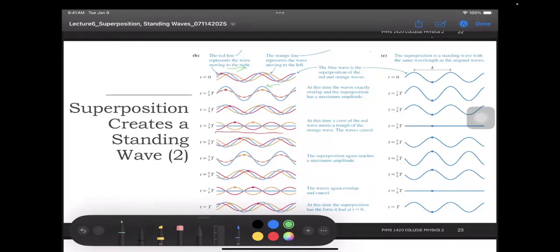At this point it should be the red one plus the orange one, which is the yellow one, and the blue one and the red one are equal at the same point, which means the yellow one here is 0. That makes sense to you. So here it should be zero displacement.